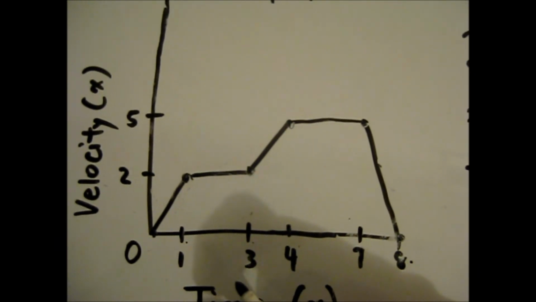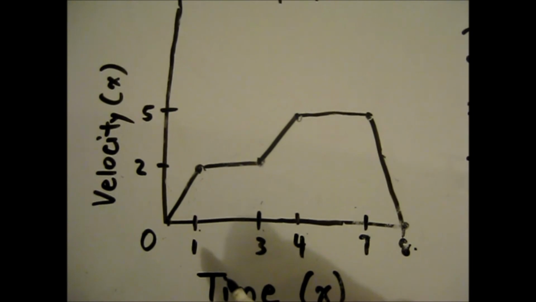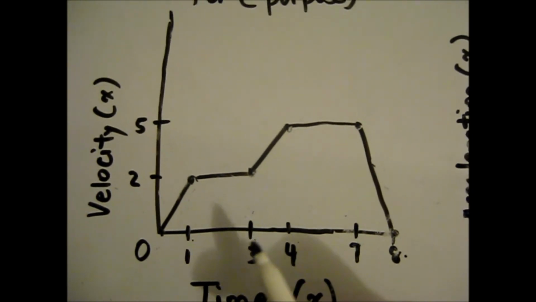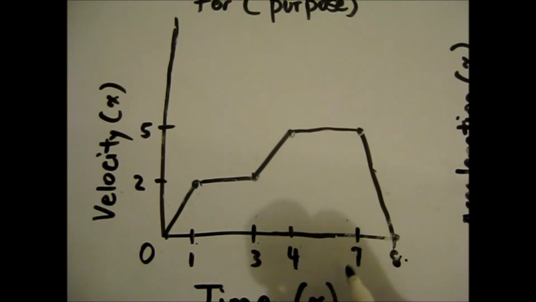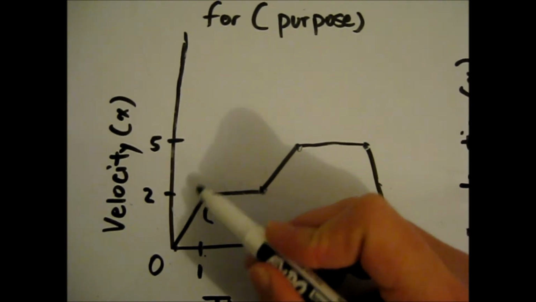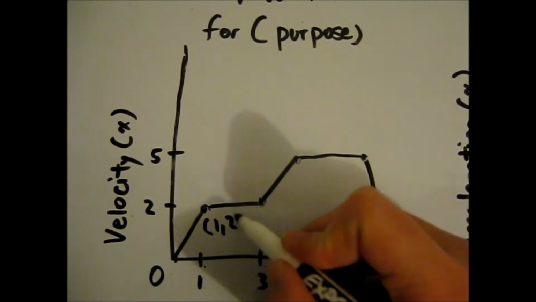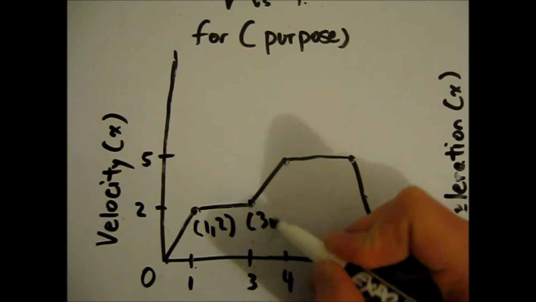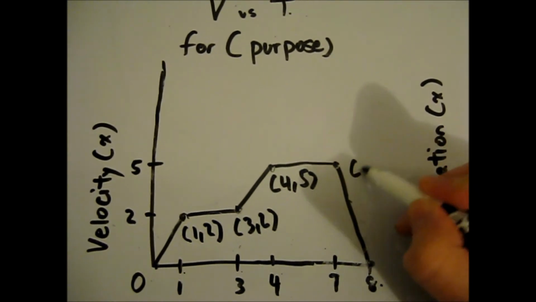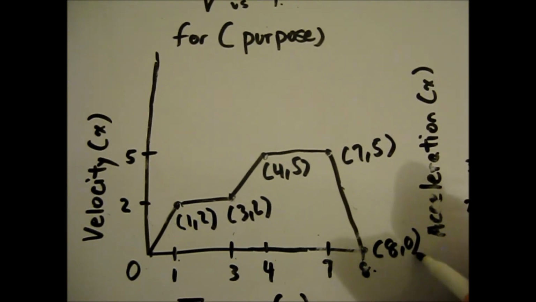Now in order to find the acceleration, you need to find the slope of each time interval. So in this case, that would be from 0 to 1, 1 to 3, 3 to 4, 4 to 7, and 7 to 8. Now, we're going to need the points of the ending of the time segments. So this will be (1, 2), this will be (3, 2), this will be (4, 5), this will be (7, 5), and this will be (8, 0).